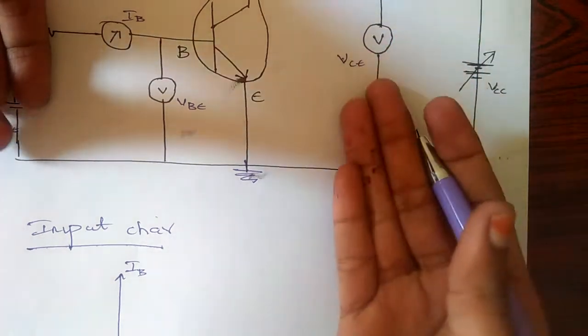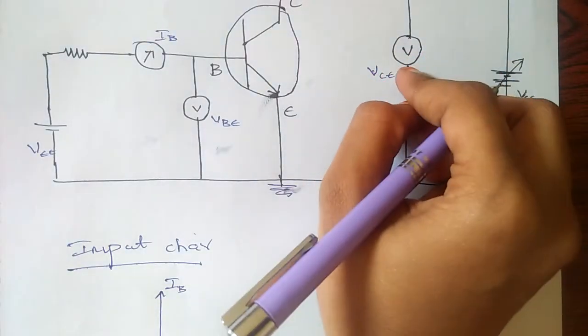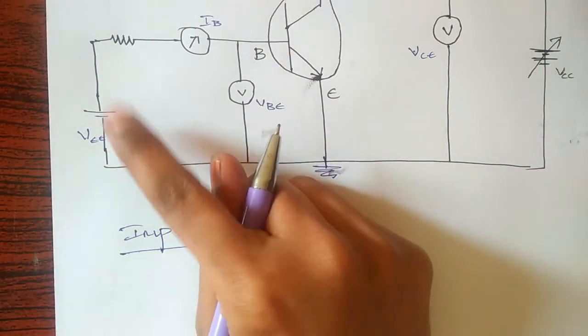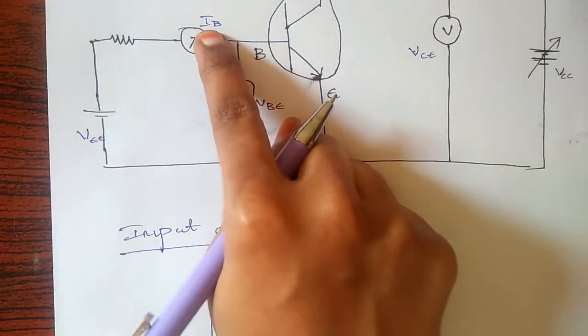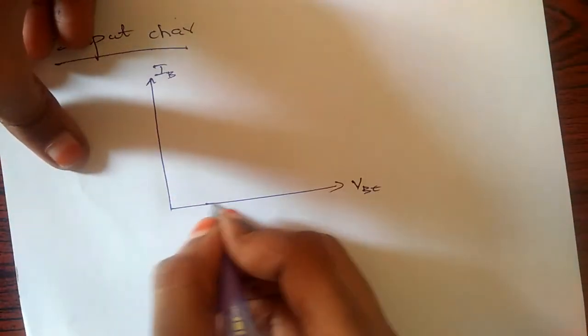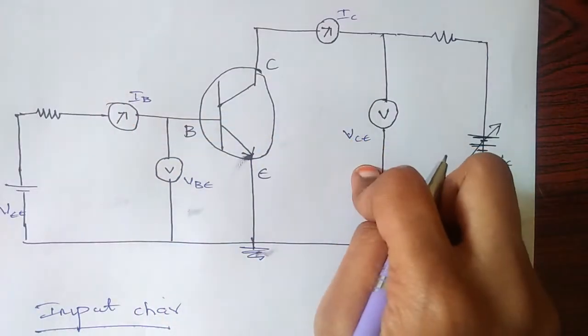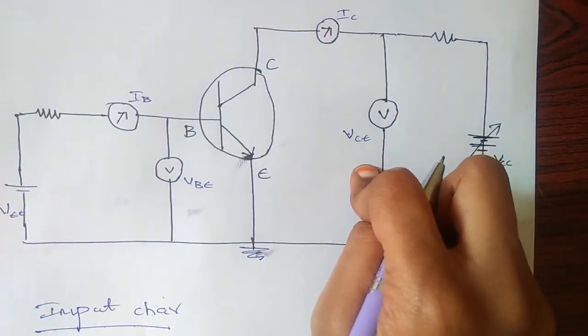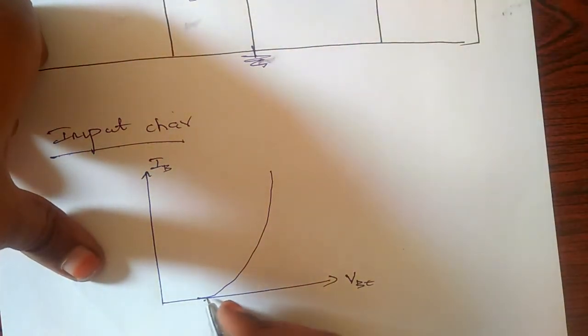Let us take VCE equal to 0. On varying VEE from 1 to 3 and so on, we take the characteristics of IB and VBE. So we get the graph like this. Again you change the constant from 0 to -2 or anything, and you get the graph like this.